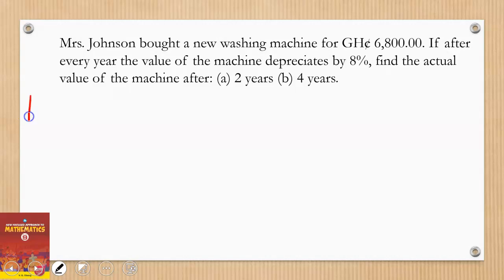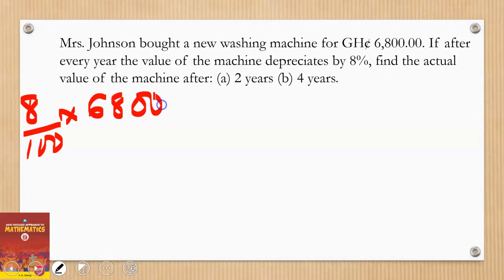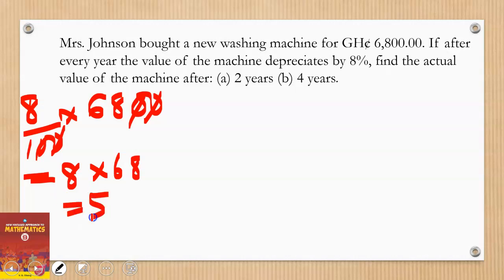Again, for the first year we have 8%, so 8 over 100 times the original price of 6,800. When we do the simple calculation here, we have 8 times 68, which is 544 cedis.